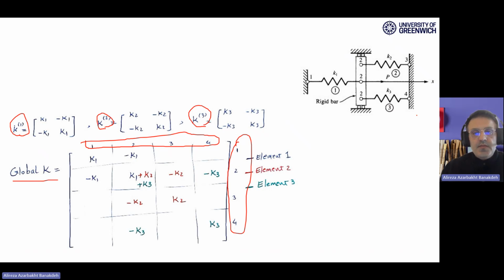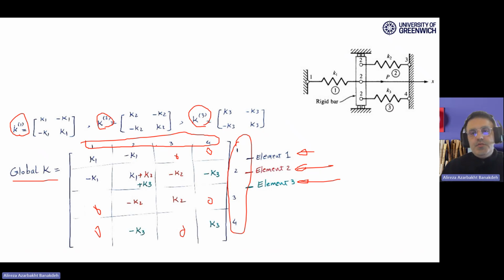So if you do so, I've tried to put the numbers with different colors. For example, for element number one, I use blue color. For element number two, I use red color. And for element number three, I used green color. And you can see each number is coming from which matrix. So the other cells are 0, which you don't see anything. These are 0. And this is the whole matrix of the structure.